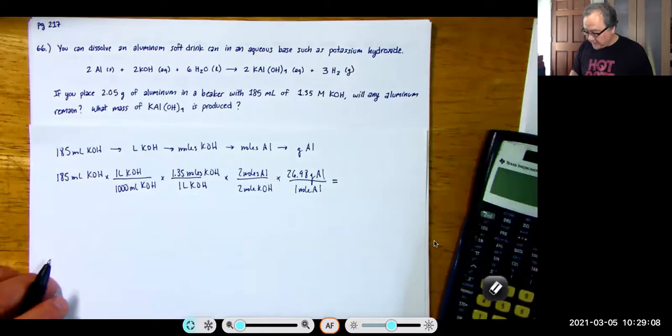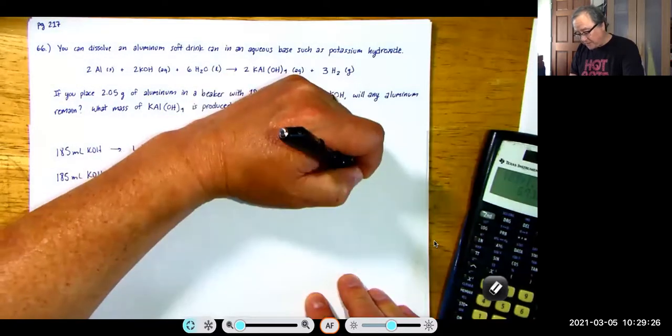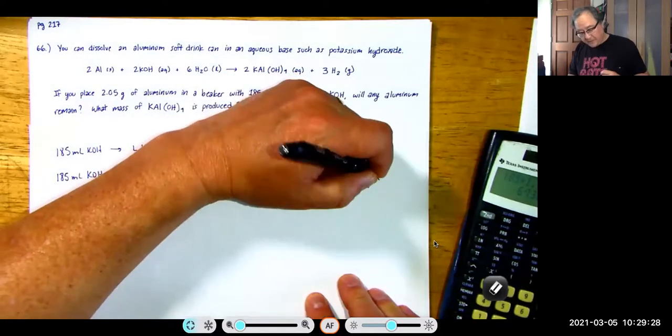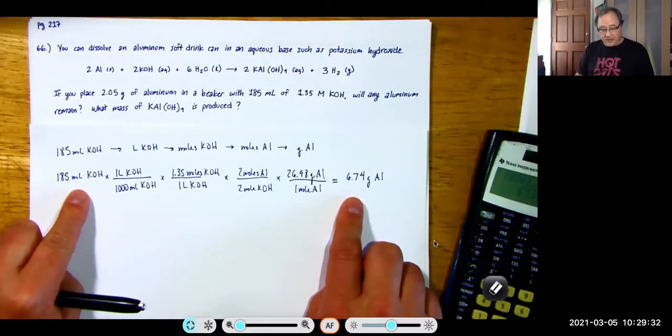So 185 times 1.35 times 26.98 divided by 1,000. And I'm not going to do the 2's because 2 divided by 2 is 1. And I get 6.74 grams of aluminum can react with our 185 milliliters of KOH.